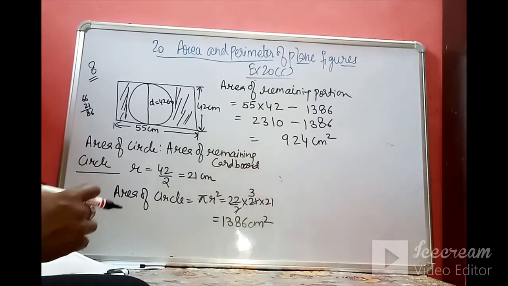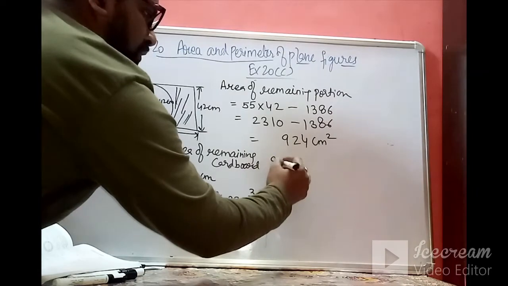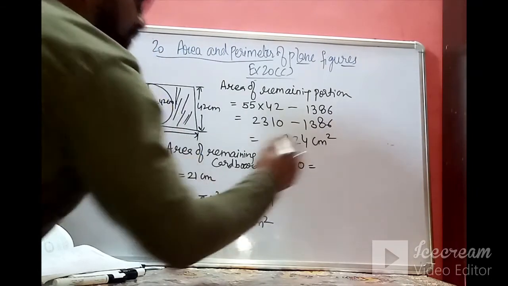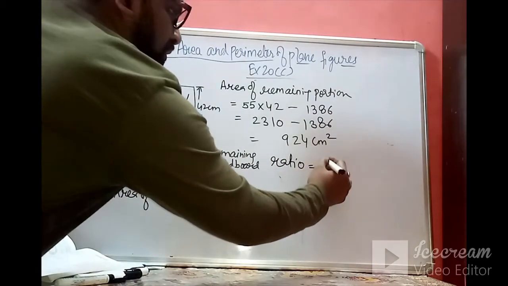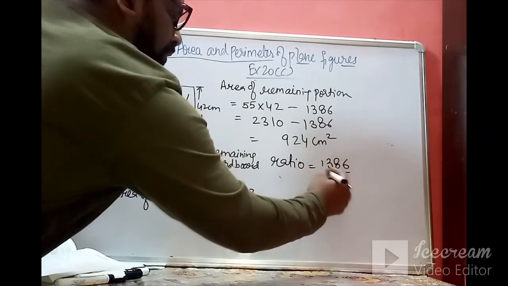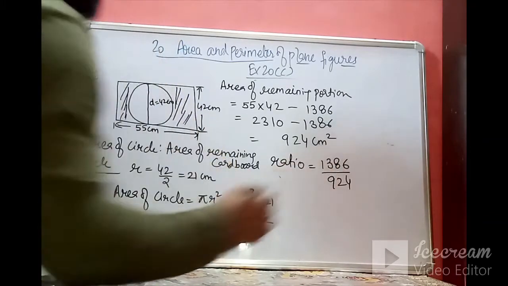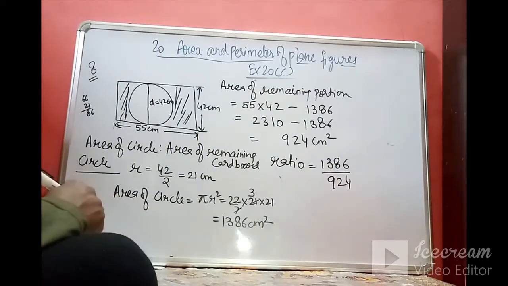Okay, so next we have to calculate the ratio. So let's calculate the ratio. Ratio will be 1386 upon 924.